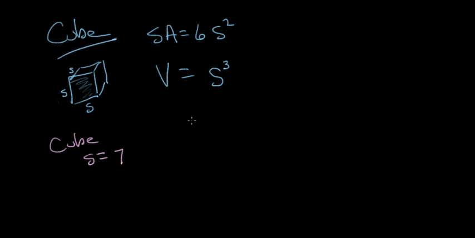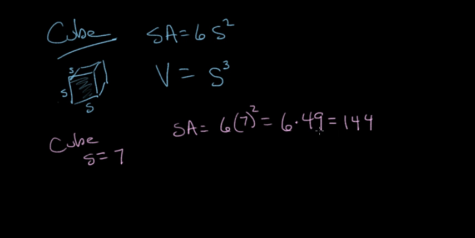So we've got surface area equals 6 times 7 squared equals 6 times 49 equals 294. If you don't believe me, figure it out. And how many is that? I didn't put units here, so let's just say units squared.